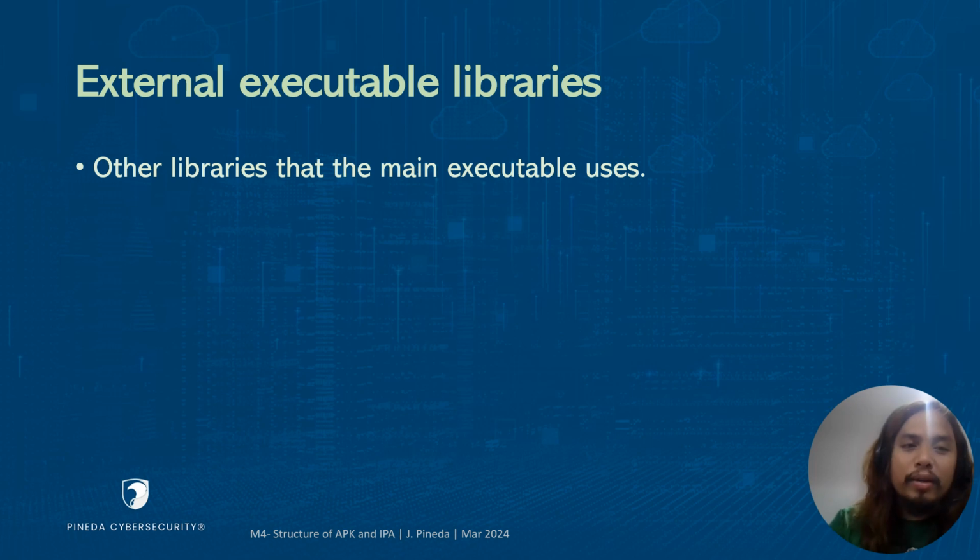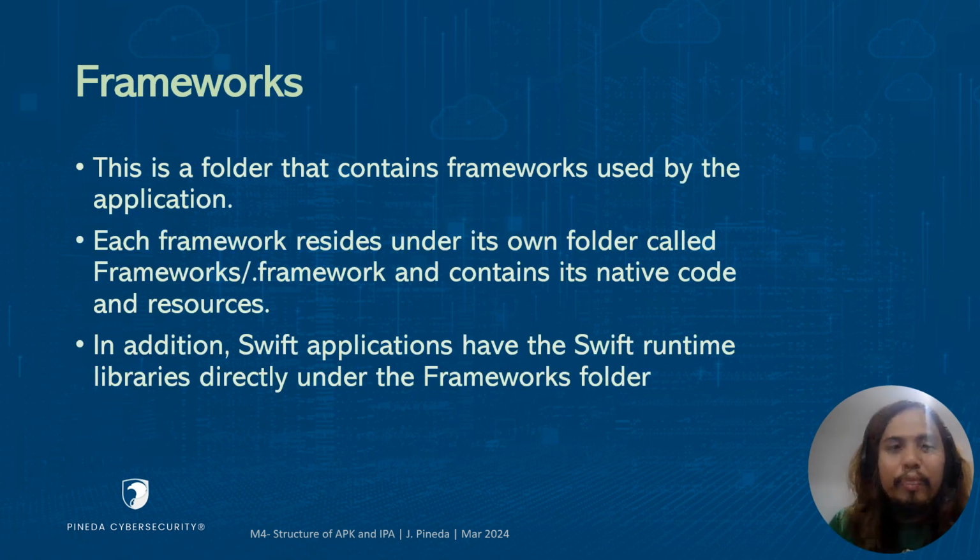Then you have your external executable libraries, similar to the lib folder. So the other libraries that the main executable uses. And of course, when you talk about IPA, we'll be talking about frameworks. So the Frameworks, okay, is a folder that contains all the frameworks used by the application. Each framework resides under its own folder called Frameworks slash that framework and contains the native code and resources.